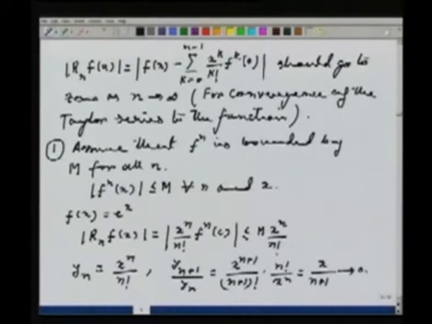And then by a previous exercise which we dealt with while dealing with sequences, this implies the actual sequence y_n converges to 0.